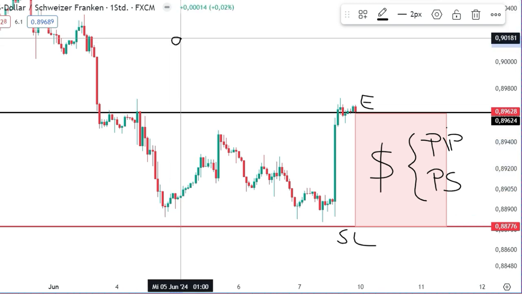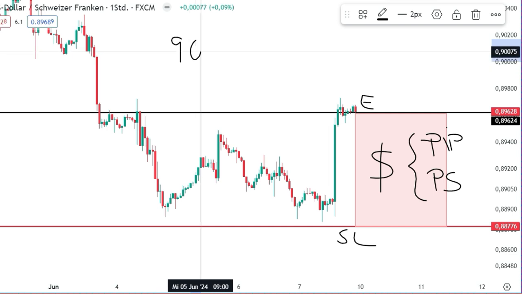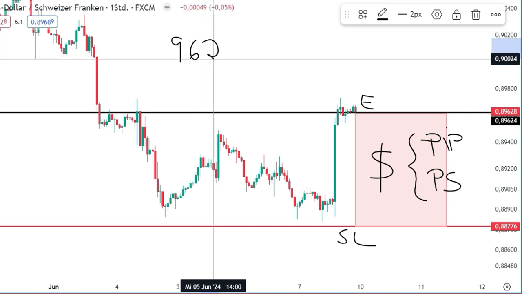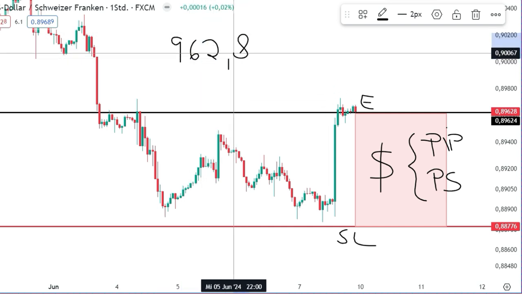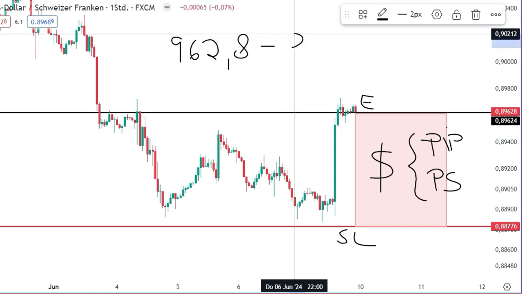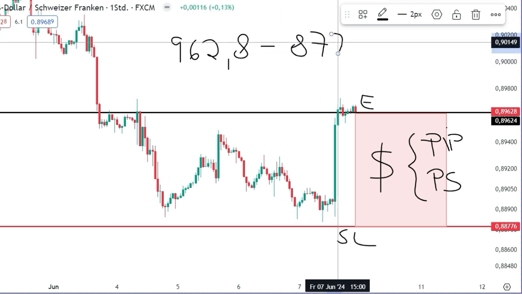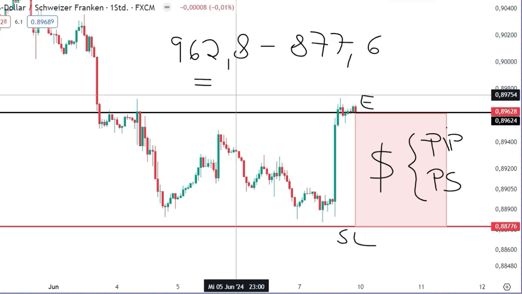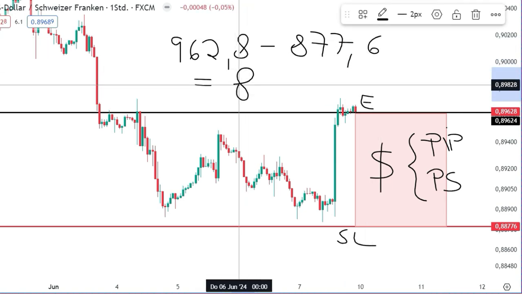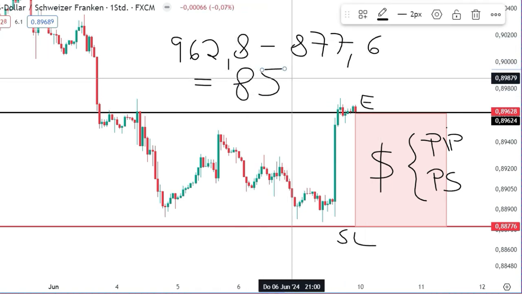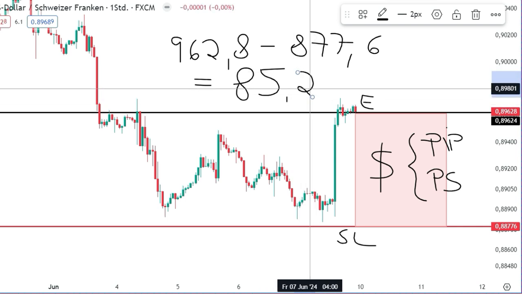So this makes 962.8 minus 877.6, and this equals a risk of 85.2 pips.